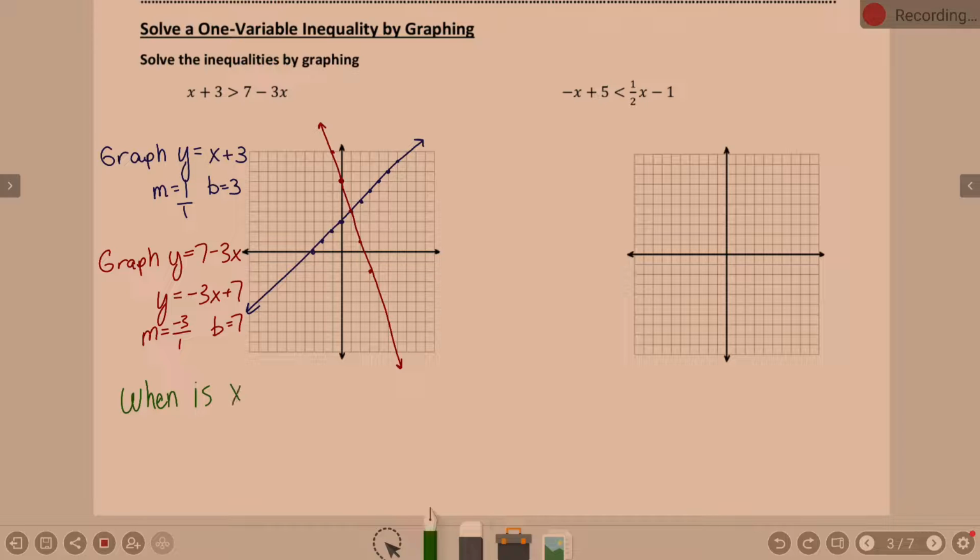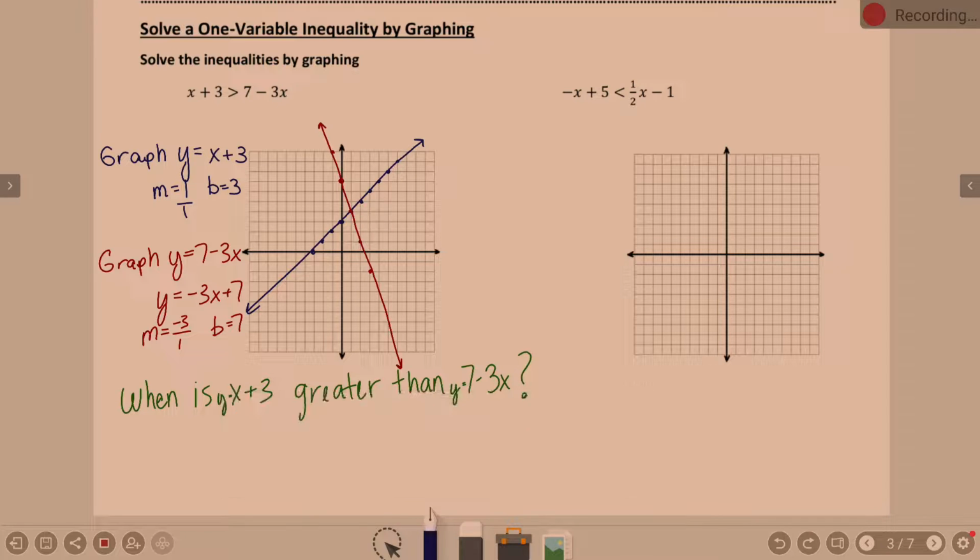When is x plus 3 greater than 7 minus 3x? Oh, I guess I should have put the y equals in there. Whoops. It should say when is y equals x plus 3 greater than y equals 7 minus 3x.